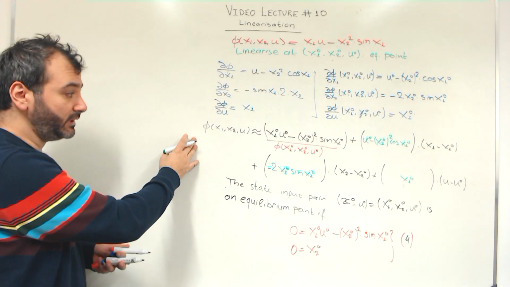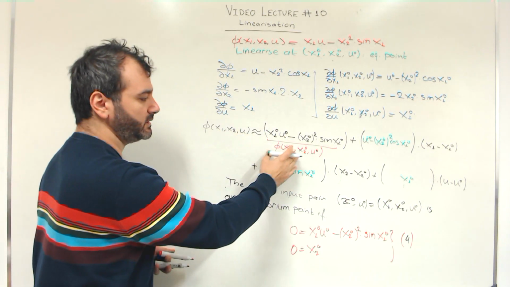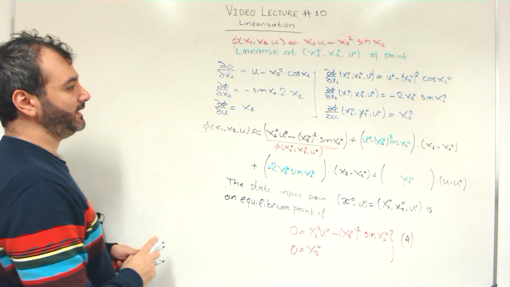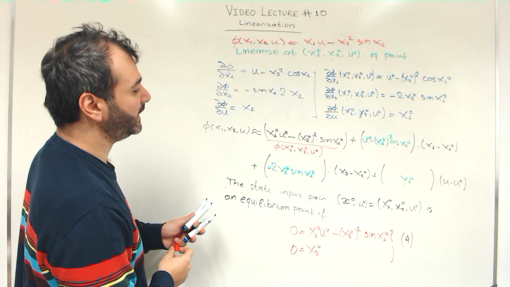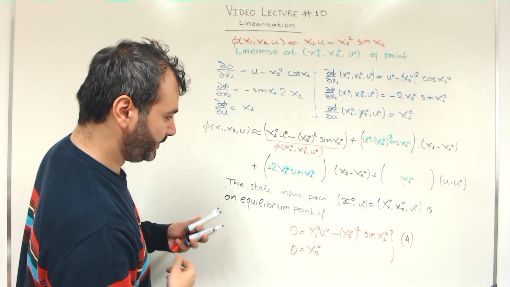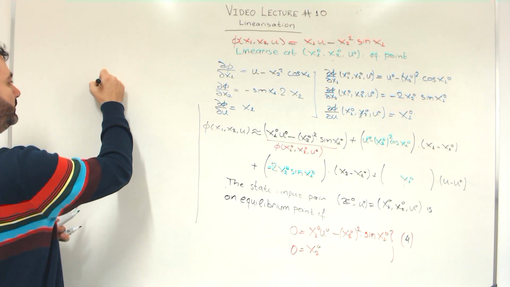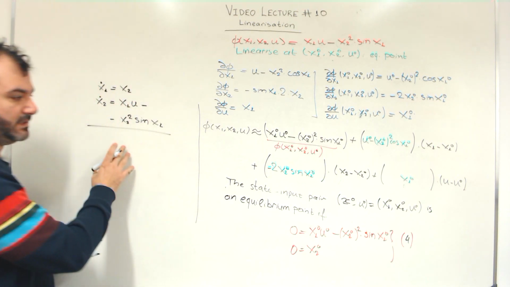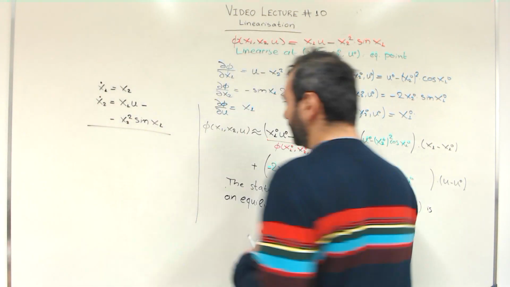So this is the linear approximation of function phi at the point x10, x20, u0. And I can take the differential equation, which unfortunately I erased, but it is the following. This is the pair of equations that I erased from the whiteboard.